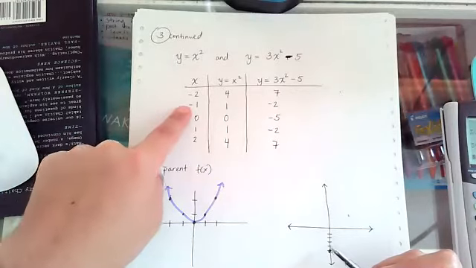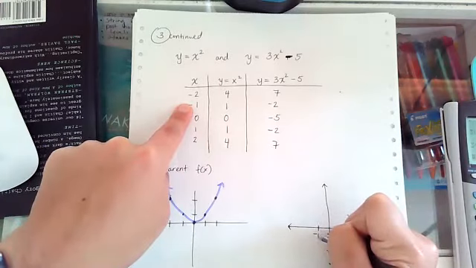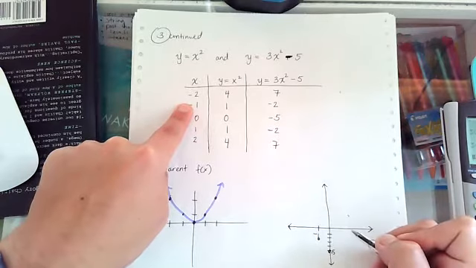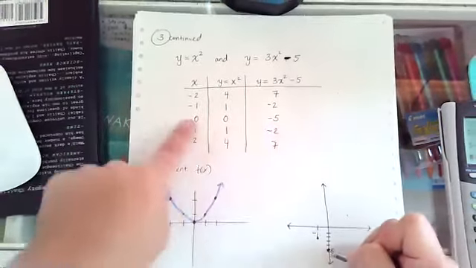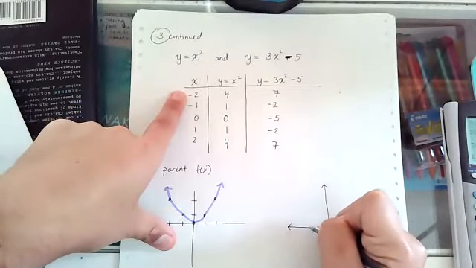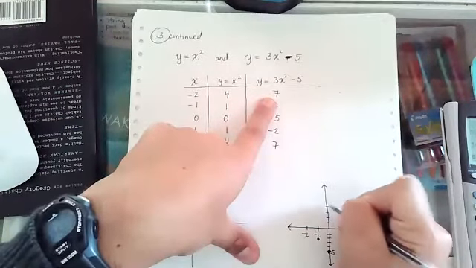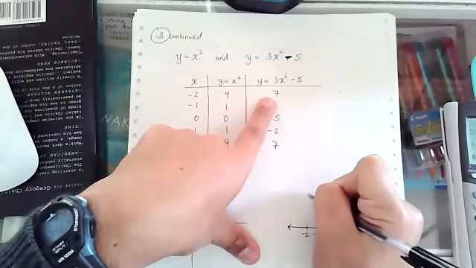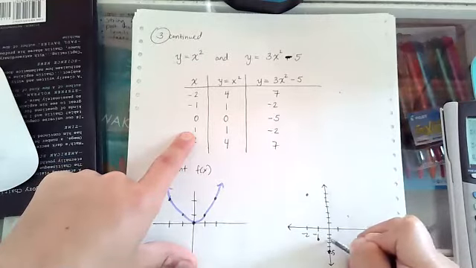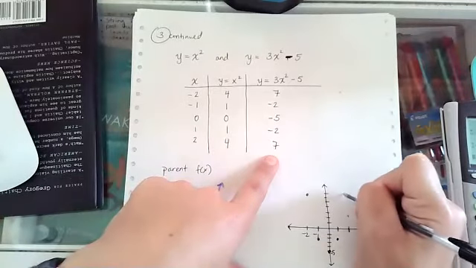And then we have -1 and -2, down here. 0 and -5, we already had that one. -2, +7, so 1, 2, 3, 4, 5, 6, 7. And then we have 1 and -2, down here. 2 and +7 would be up here.